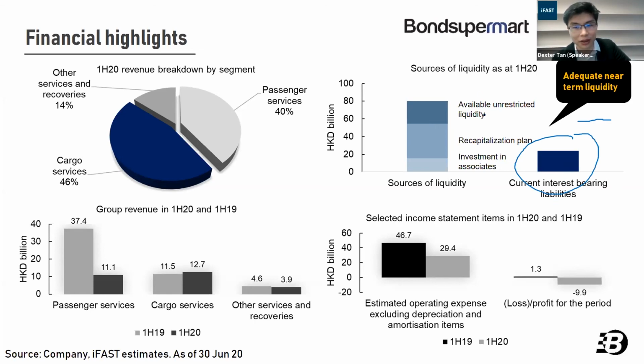The sources of liquidity are higher if we add the recapitalization plan and the investment in its associate, Air China, and the value of its sources of liquidity is higher than its current interest-bearing liability. So despite whatever is going on in its cash flows, the balance sheet is still pretty okay.